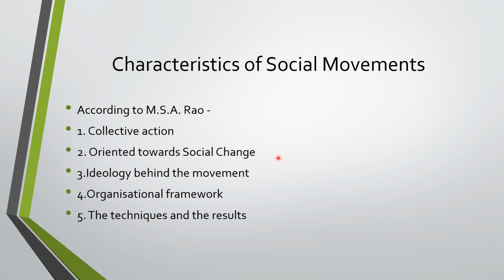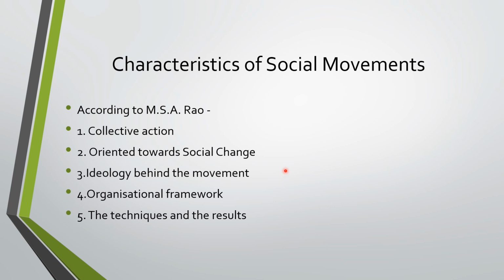Next is orientation towards social change, which means that a social movement is generally oriented towards bringing about social change. This change could either be partial or total. Though the movement is aimed at bringing about a change in the values, norms, and ideologies of the existing system, efforts are also made by some other forces to resist the change and to maintain the status quo.